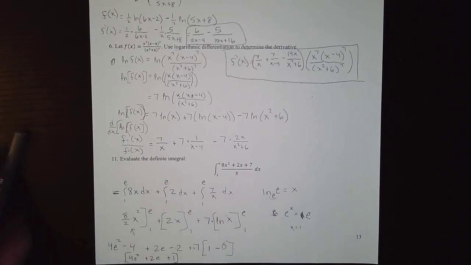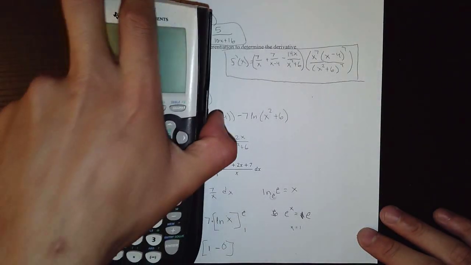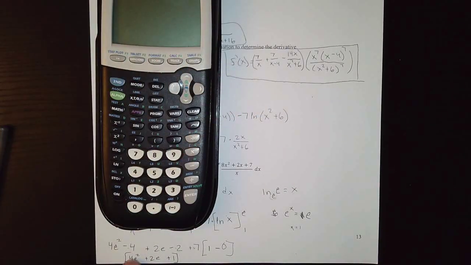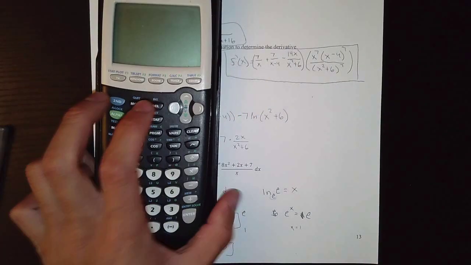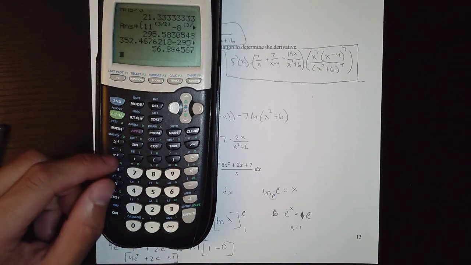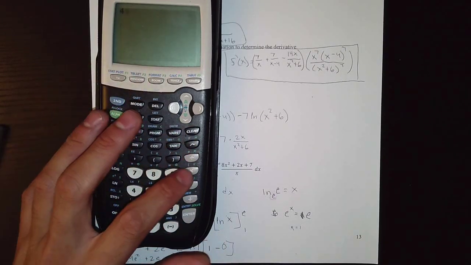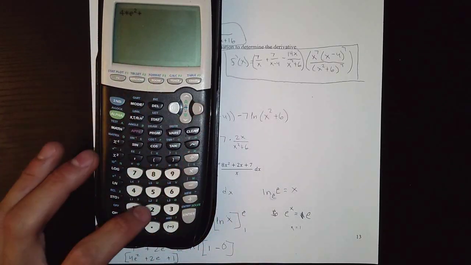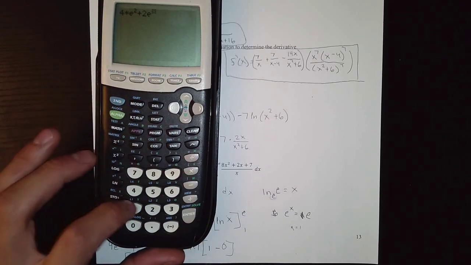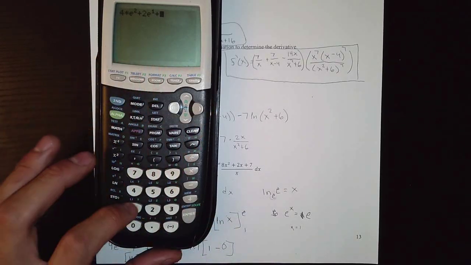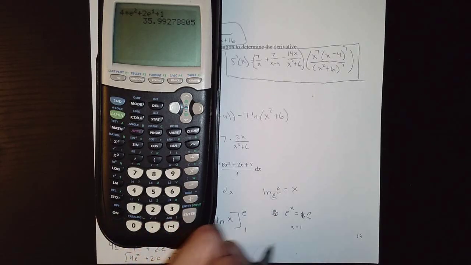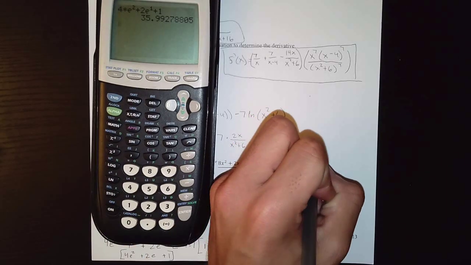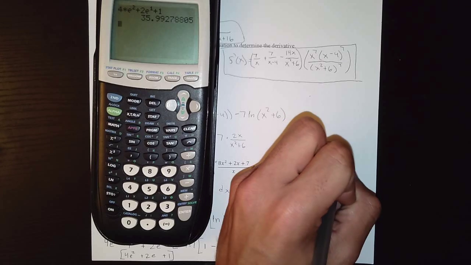And now I would type this into my calculator. And so when I type in 4 times e squared plus 2 times e to the first power plus 1, I have 35.99278805.